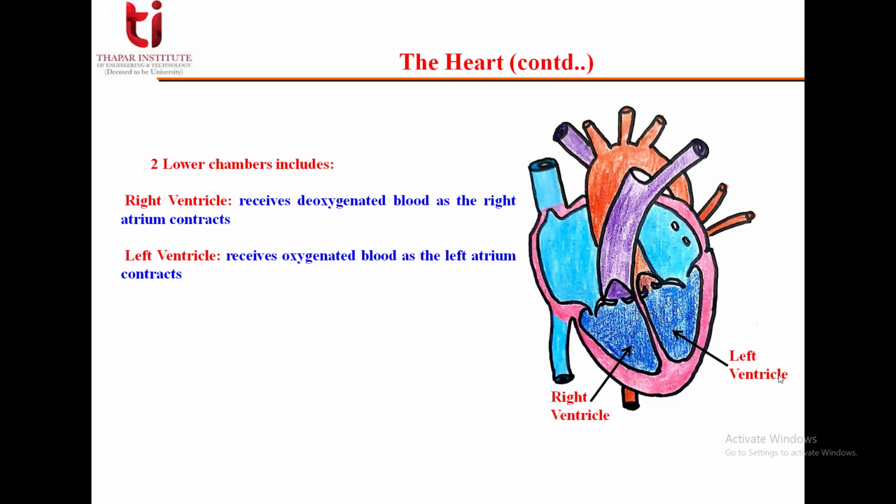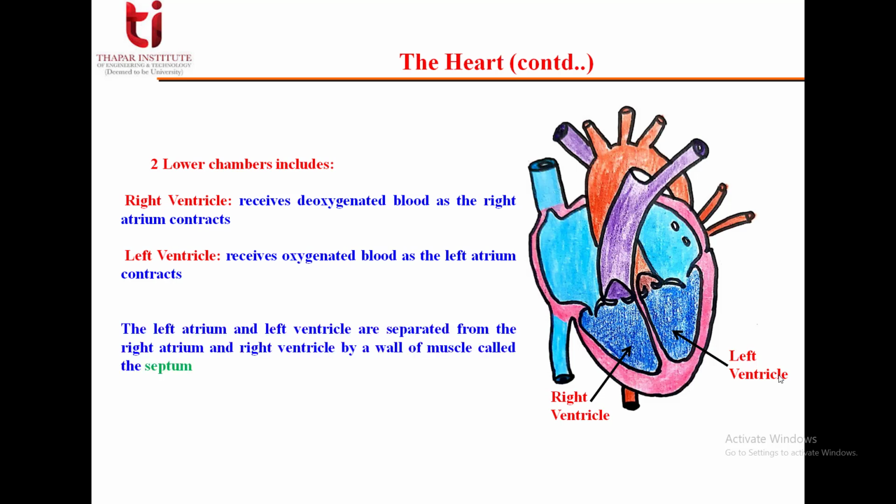So when the right atrium contracts, the right ventricle receives deoxygenated blood, and when the left atrium contracts, the left ventricle receives oxygenated blood. So these are the 2 lower chambers, and these were the 4 chambers of the heart.